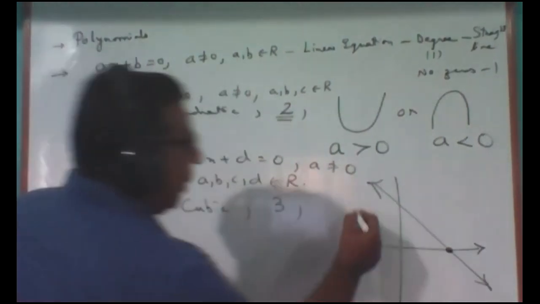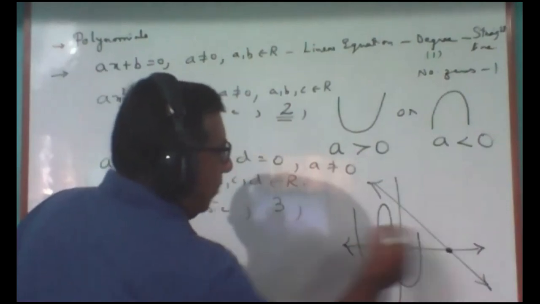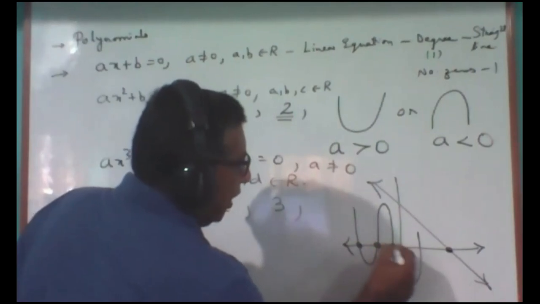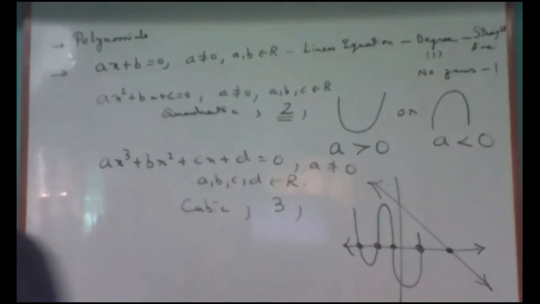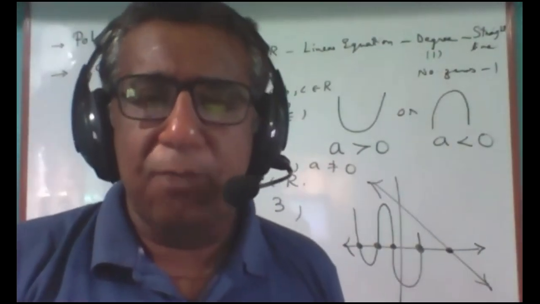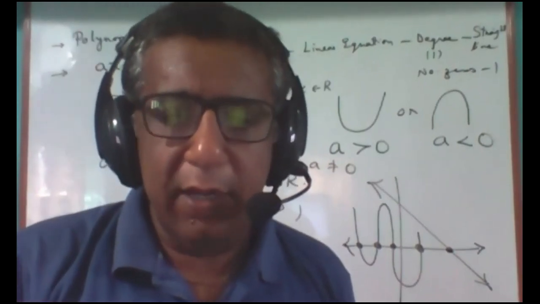If I draw a graph this way, how many zeros are there? 1, 2, 3, and 4, because it cuts the x-axis at 4 points. So this is the geometrical representation of the zeros of the polynomial.